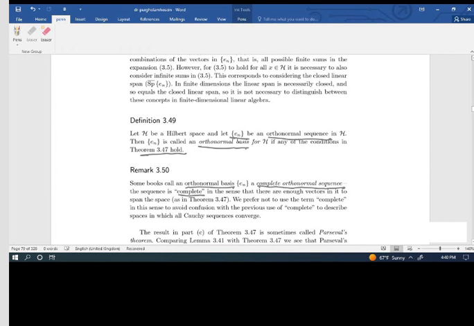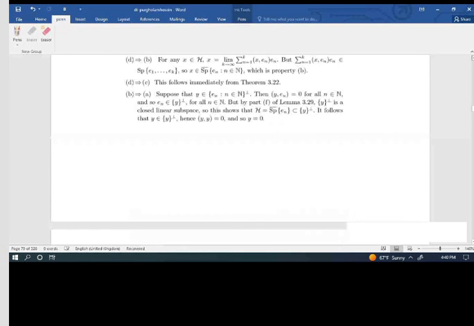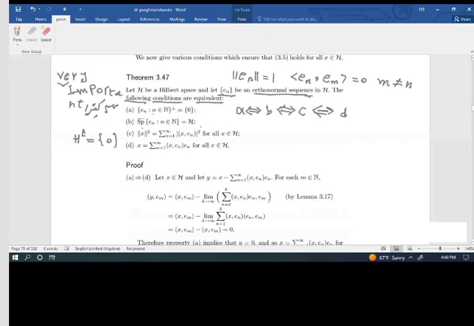We know that in this theorem, when H is a Hilbert space and En is an orthonormal sequence in H, the following conditions are equivalent.